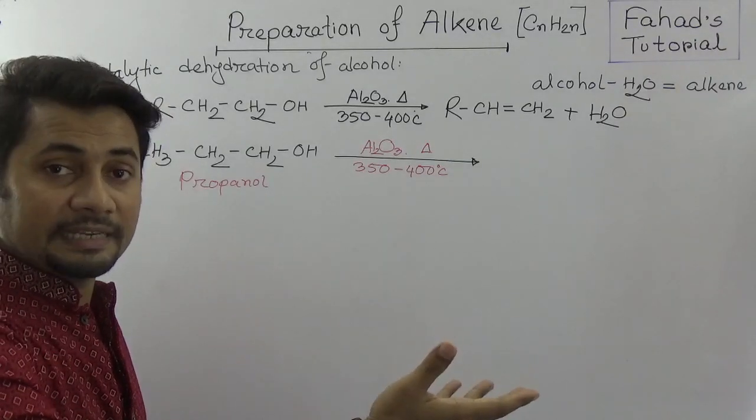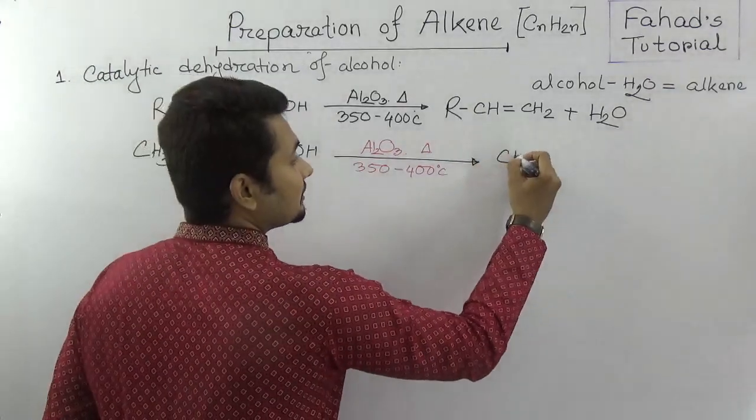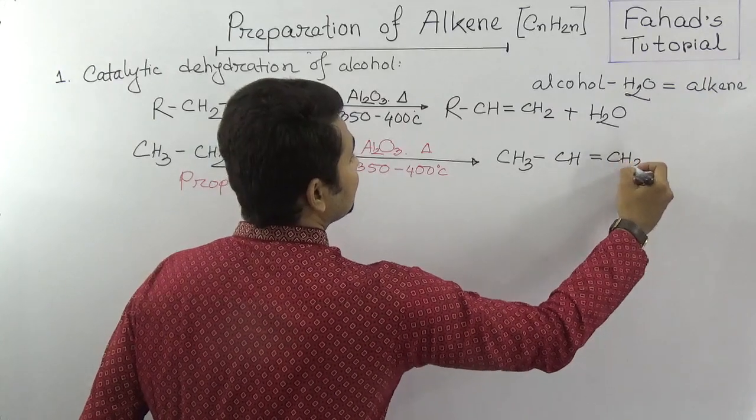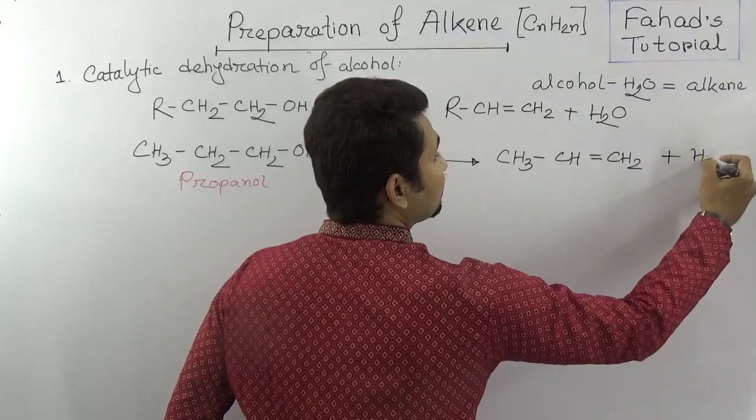So for the corresponding alkene, the number of carbons is very important. So that would be CH3 CH double bond CH2. So this is propene, and water will be removed.